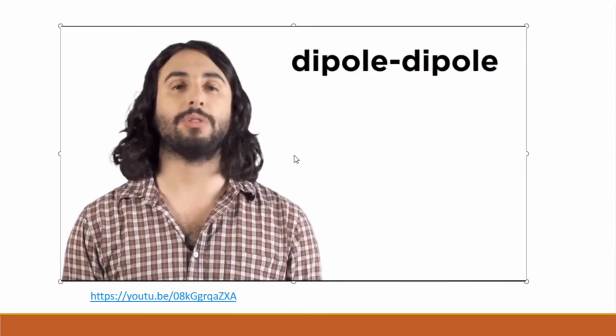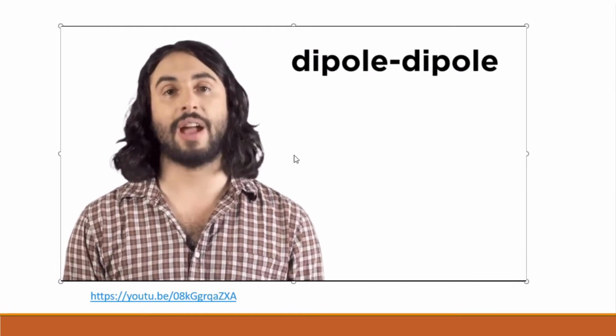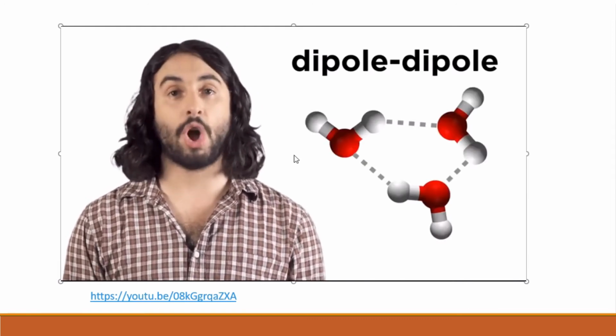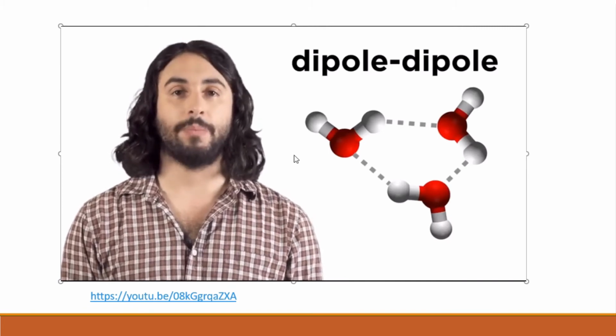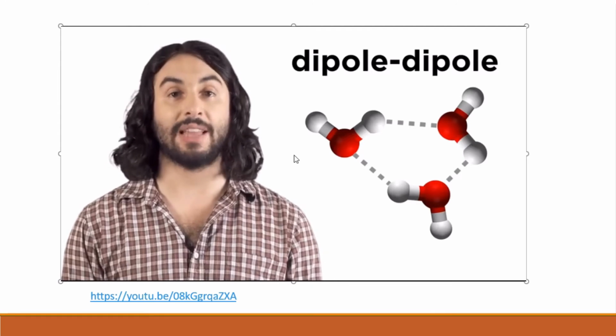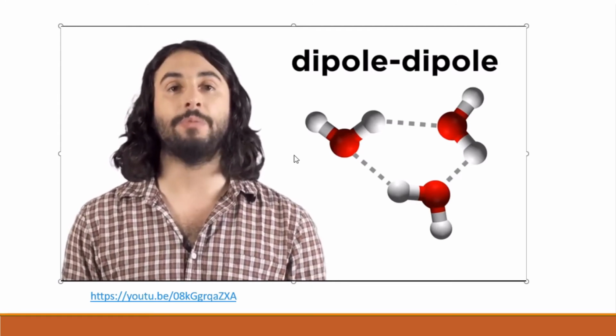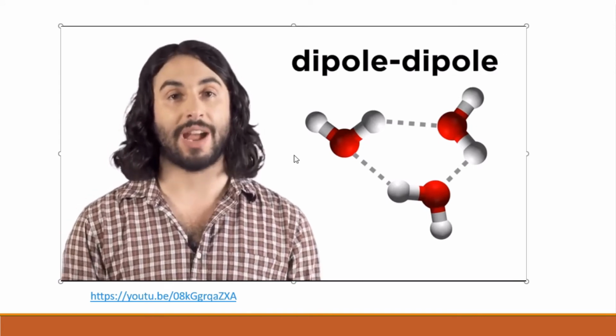Next, we have dipole-dipole interactions. As you can guess, this is when dipoles interact with each other, as with pure water. When in liquid form, water molecules will move in such a way so as to always be making electrostatic interactions between the negative end of one dipole and the positive end of another dipole.